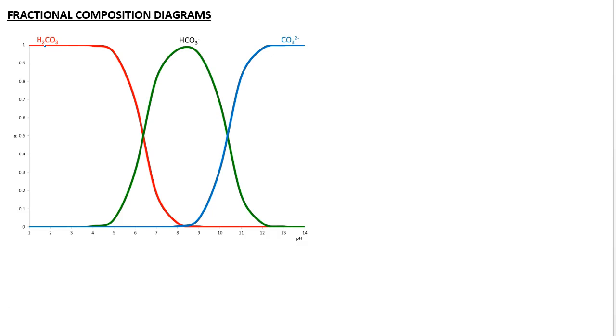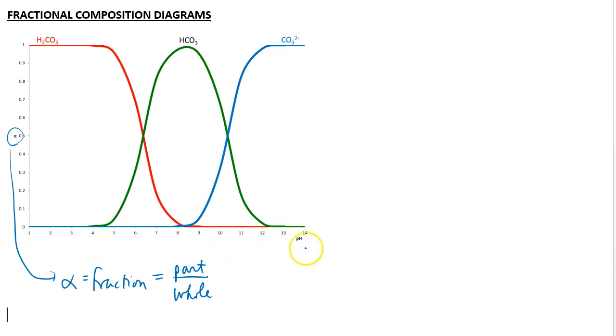But let's, again, just talk a little bit about these diagrams. On the y-axis, I know it's hard to see, but this is the symbol alpha, and it stands for fraction, and you know what a fraction is. It's just a part over a whole. So we have the fraction of H2A, HA minus, and A minus 2 as a function of pH.